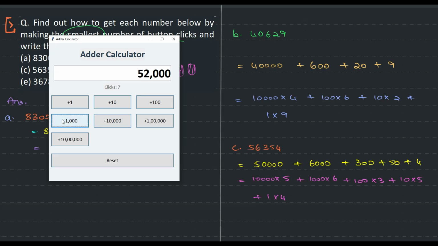Oh, I put one extra. Yeah, 23 clicks, sorry, not 53. My bad. Okay, it's as simple as that.